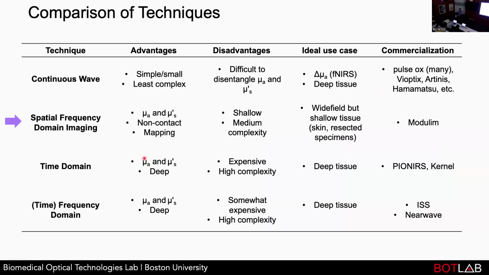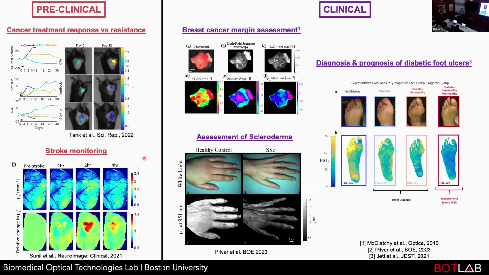SFDI. Okay. So we talked about the advantages and disadvantages. I'll take you through a few example applications. We used SFDI for years for measuring subcutaneous tumor models in the back of mice. And this is because we were also doing breast cancer studies simultaneously in humans with time and frequency domain measurements, but we wanted to see how different therapies affected the tumor, and SFDI was the right technology.